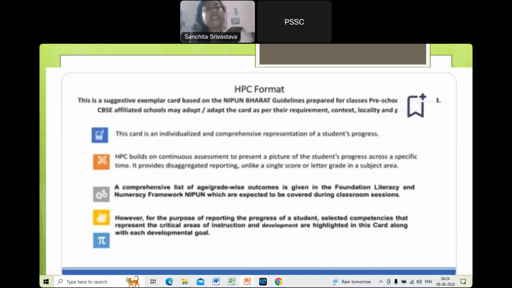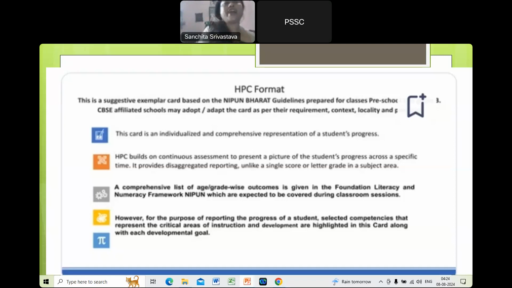Now, HPC builds on continuous assessment to present a picture of students' progress across a specific time. Obviously, we now have the midterm, we have the end term, and in between we have formative, that means small check-ins. Then we have summative, where we give chances and areas for progress till the end comes.